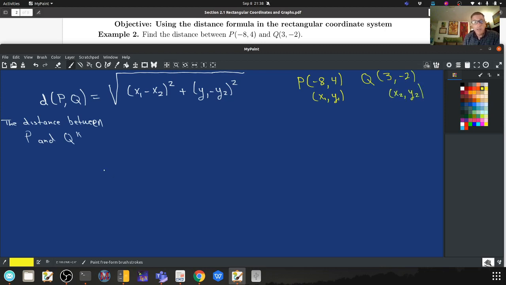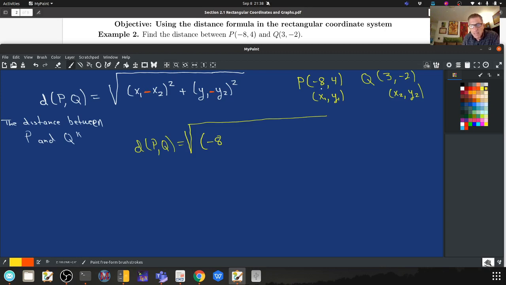Now it's just plug and chug. The distance between P and Q is equal to, write your big, huge square root symbol. x1 minus x2. So minus 8. Notice here the minus signs are inherent. So that means they're there. If x2 is itself negative, it has to bring that negative along with it.